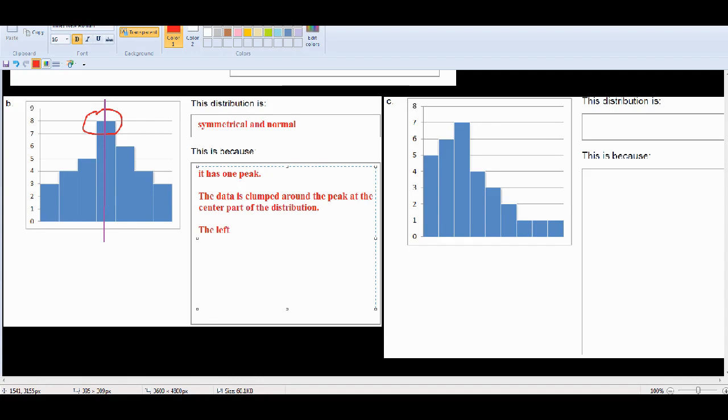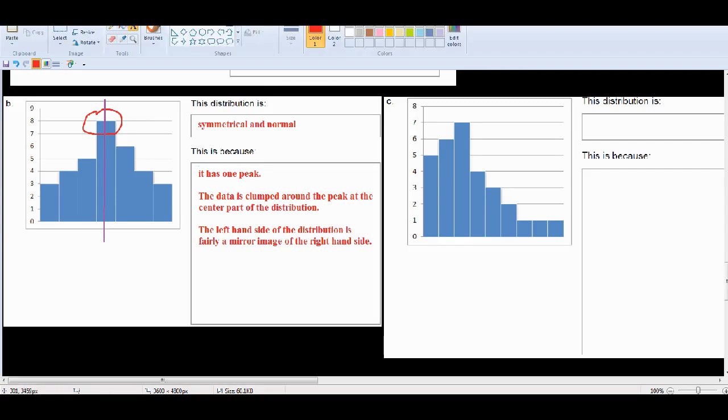The left hand side of the distribution is fairly a mirror image of the right hand side. Okay, so that's a description for this one.